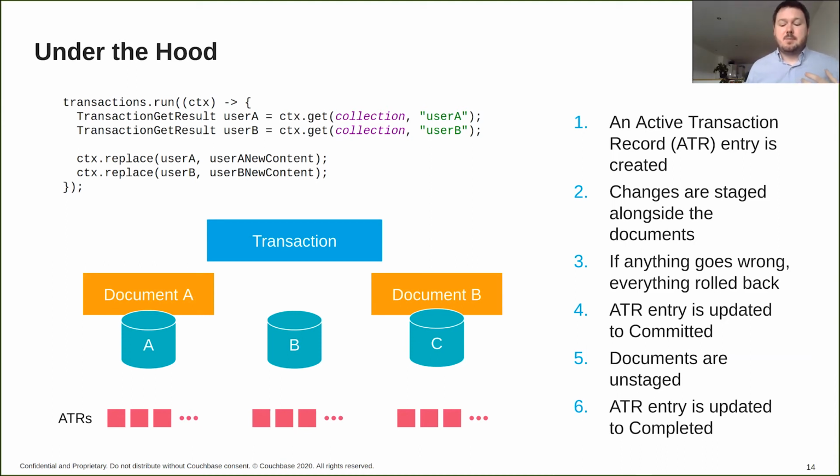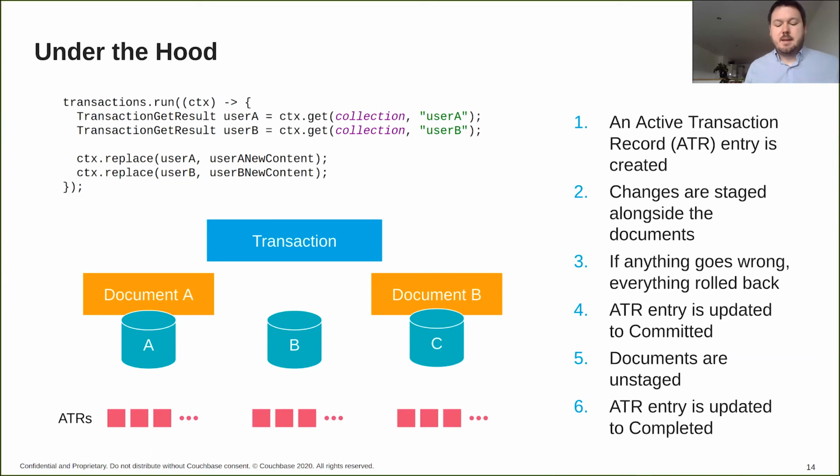With the ATRs, many database implementations will implement transactions using some sort of transaction log, a record of all transactions that have ever occurred. Our ATRs are kind of like that, but they only store currently active transactions, ones that haven't expired or been cleaned up yet.